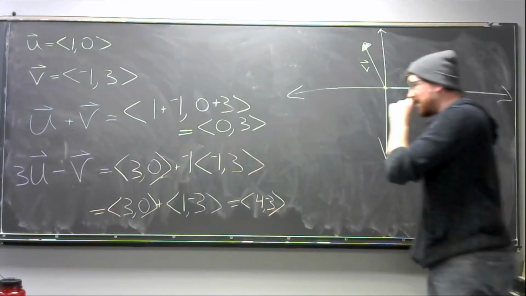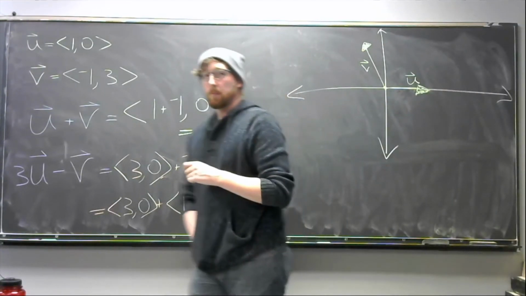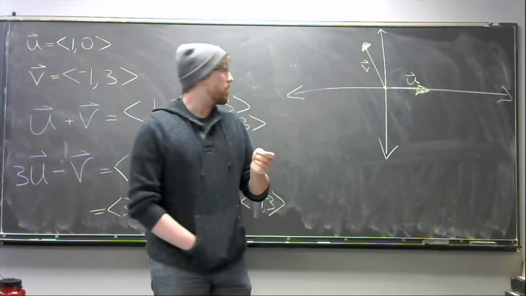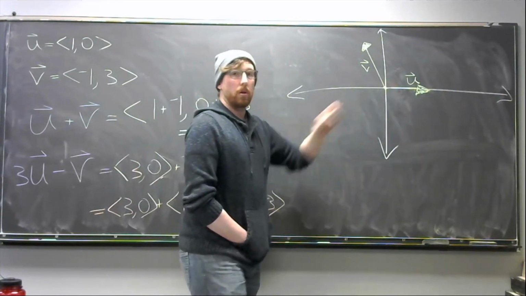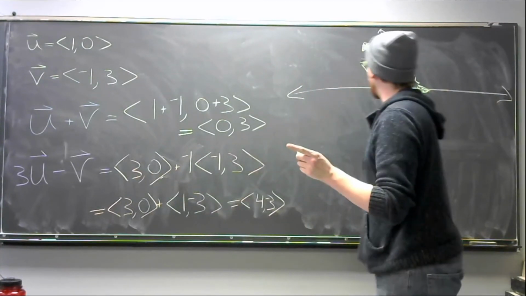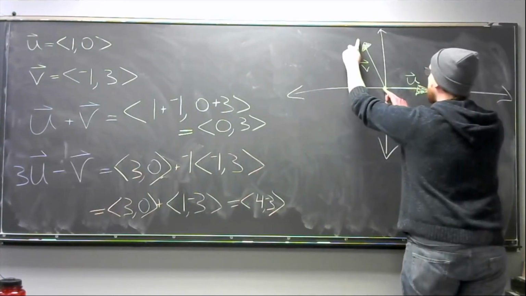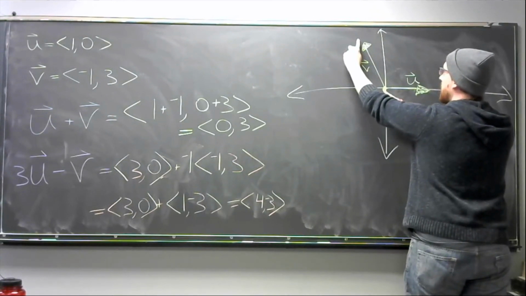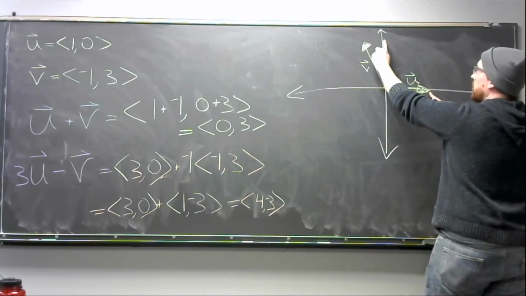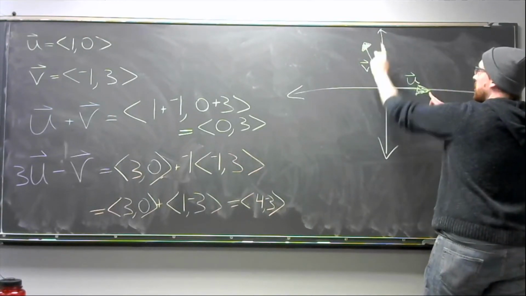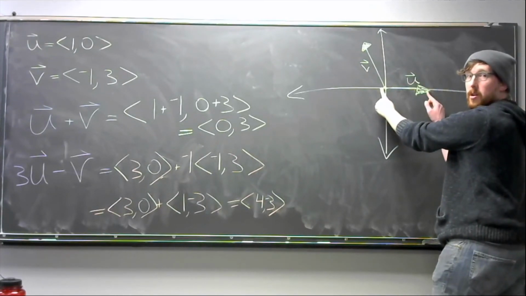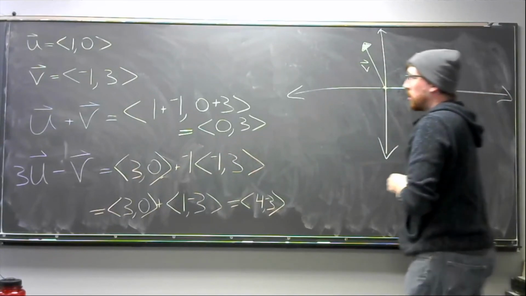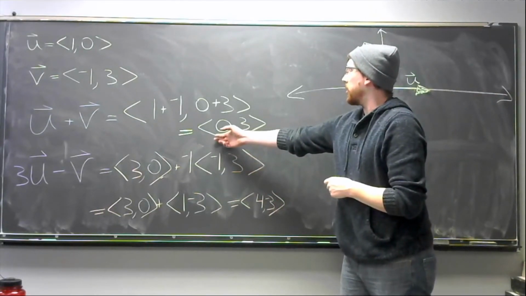So what that means then is that the vector u plus v, we've already talked about this, it's just going to be this vector v slid across u until the tail end of v is at the terminal end of u. Well, we already did that calculation too.